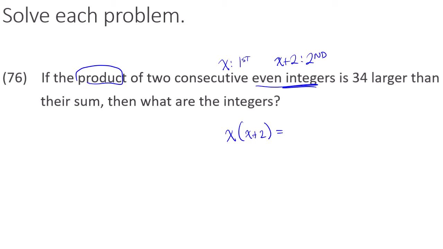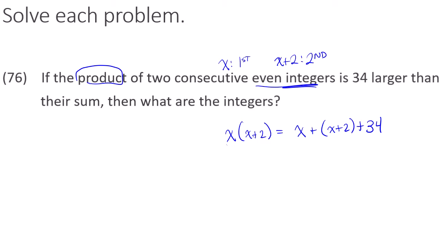Their sum is what I get when I add them together, and it's 34 larger than that. So I'm going to do their sum plus 34.